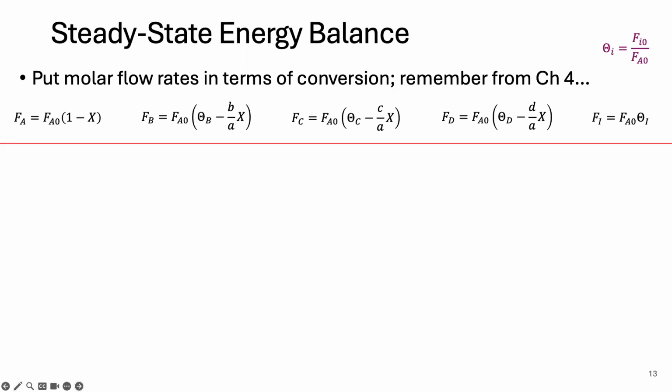Like we did in chapter 4, it's further helpful to write our flow rates in terms of conversion and to relate them to our limiting species, which we'll assume is the reactant A. So we can rewrite the flow rate of B in terms of the flow rate of A and conversion, and likewise for C and D.